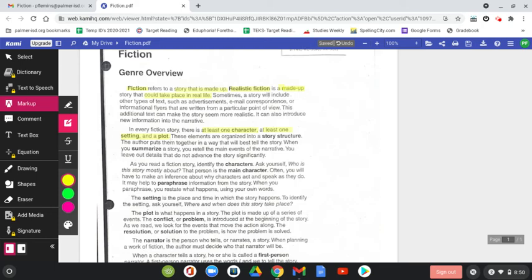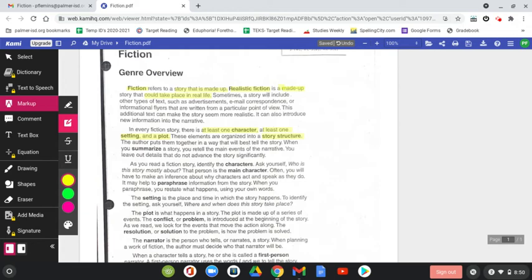Your plot is the series of events that make up your story. Okay, so it's the whole story kind of put together. These elements are organized into what we call a story structure, kind of how the story is set up. The author will put them together in a way that will best tell you your story.